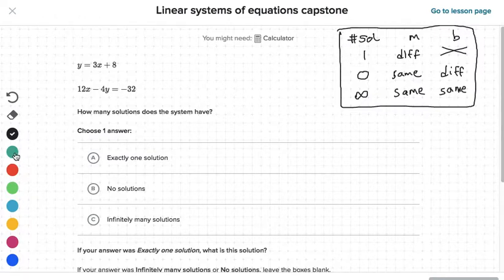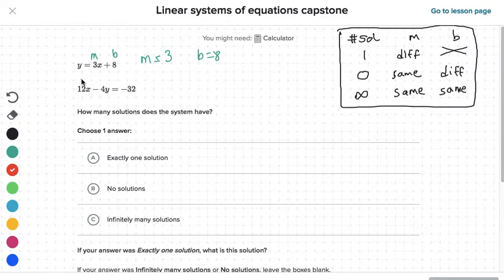Addressing this question, we have our slope and our y-intercept. That's an equation in slope-intercept form. So our slope m equals 3, and our y-intercept b equals 8. Looking at the second equation, this equation is in standard form.